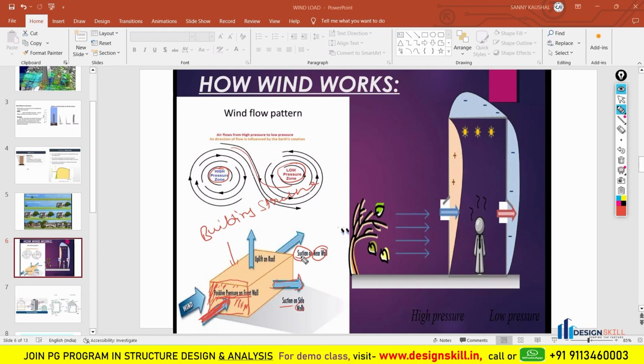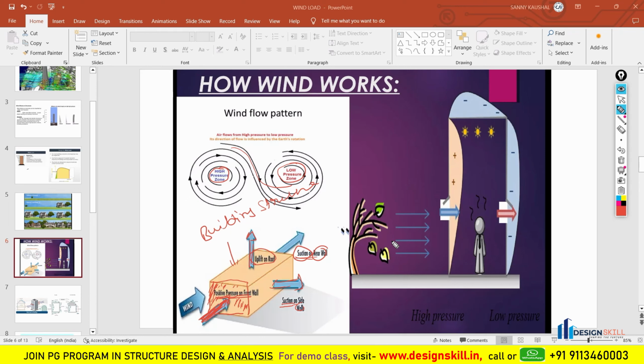Suction is nothing, it is negative pressure only. So this negative pressure is created on the rear wall, and also on the side wall, and uplift of the roof is going to happen from the top. If you look here, this is the position where the uplift of the roof is going to be created. Now this is what we are required to design.